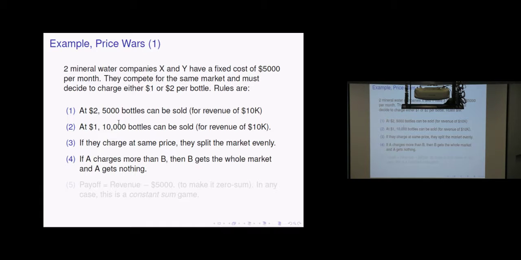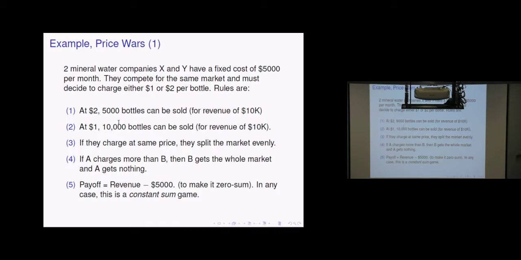Now suppose A charges more than B, then B gets the whole market and A gets nothing. The payoff will be the revenue minus 5,000. The minus 5,000 is just to make it zero-sum. Otherwise, it's okay.